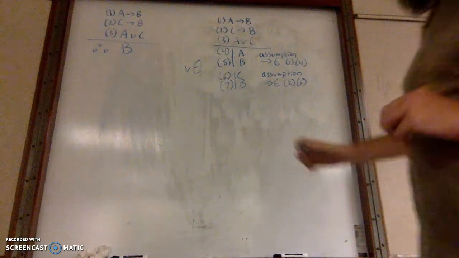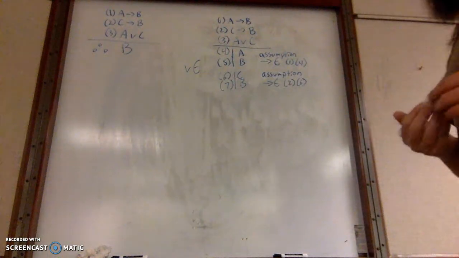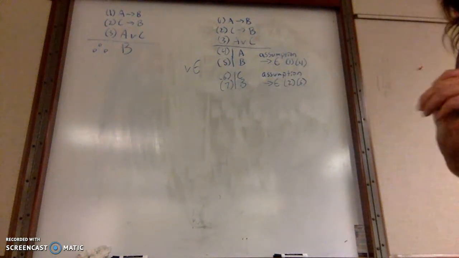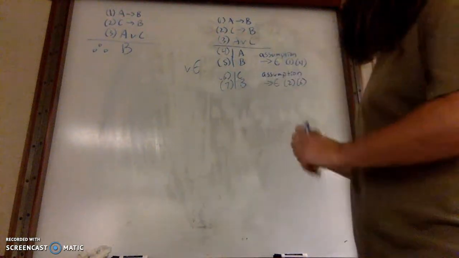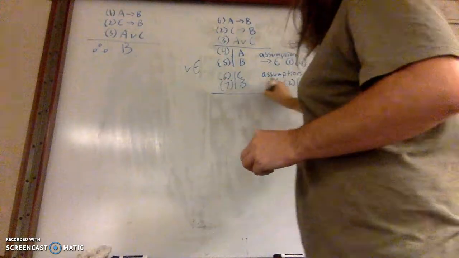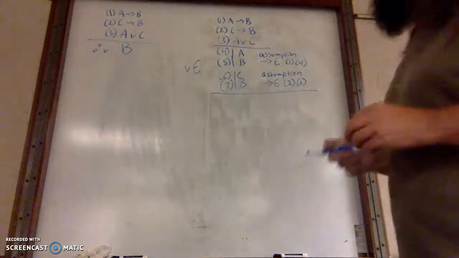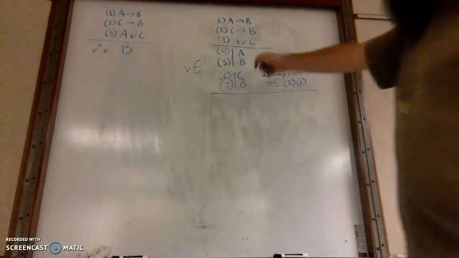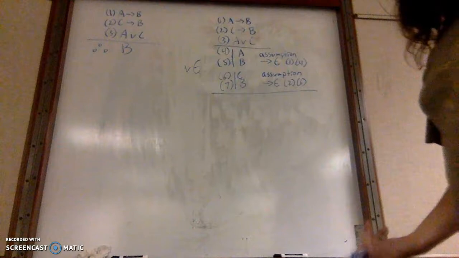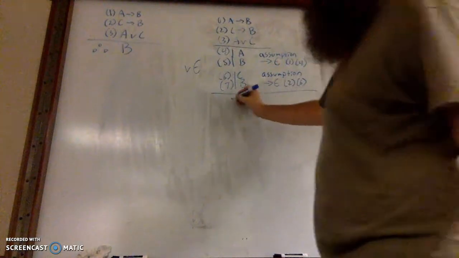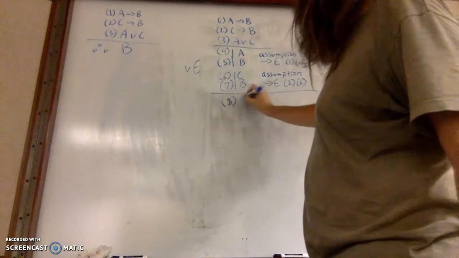Now if you look, both of these assumptions lead us to B, right? And because of the disjunction on line 3, we know that one of these two assumptions is true. So no matter what, we know that B is the case, right?